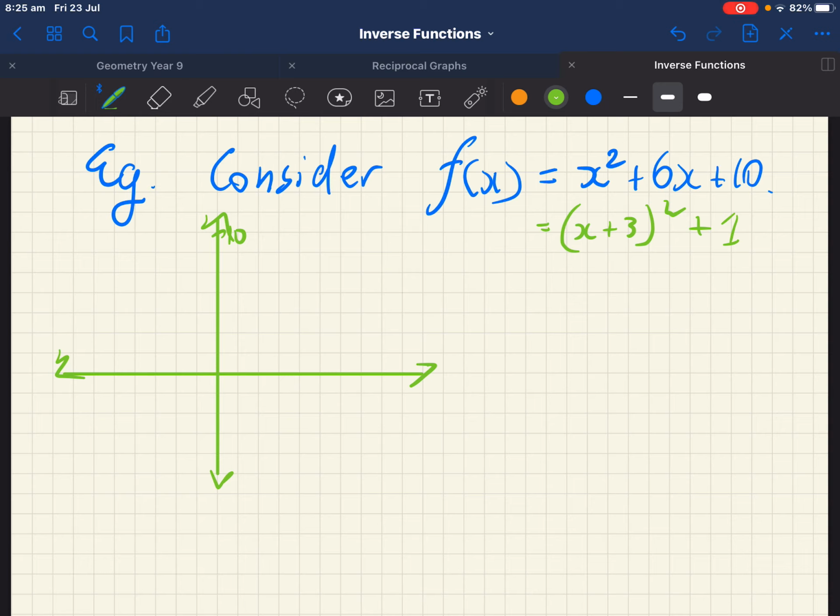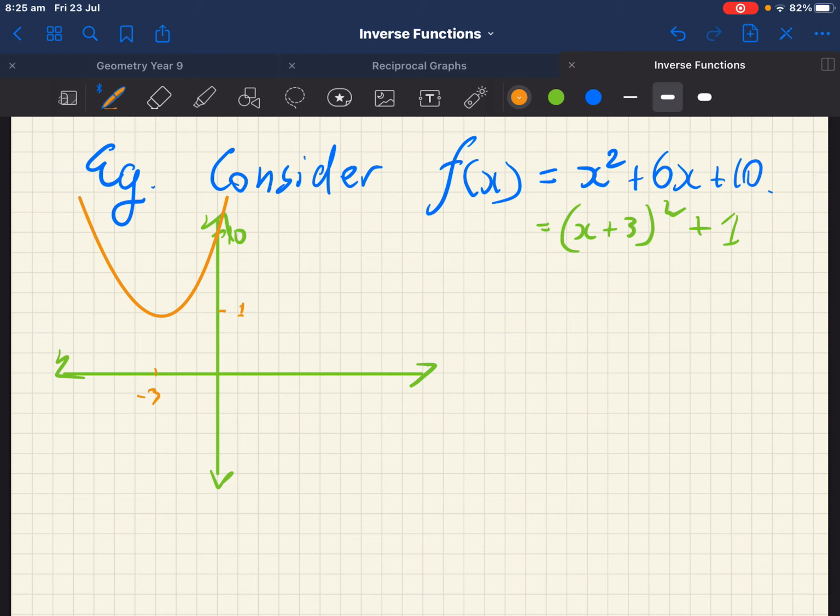All right, so you end up with this function, which is, I should say, a parabola, with turning point at -3. And this is going to be the value of our 1, it seems.